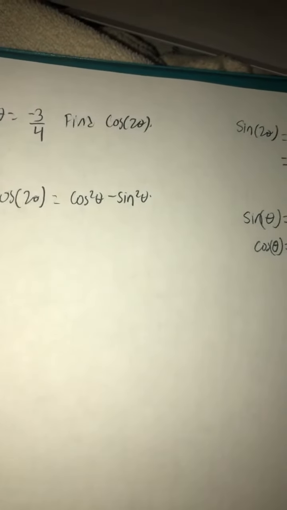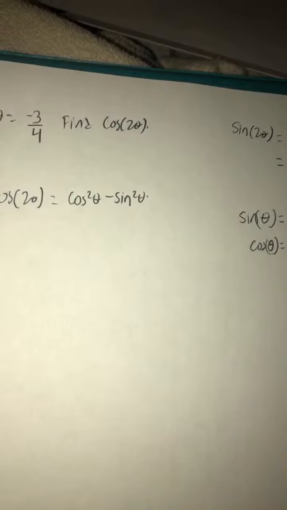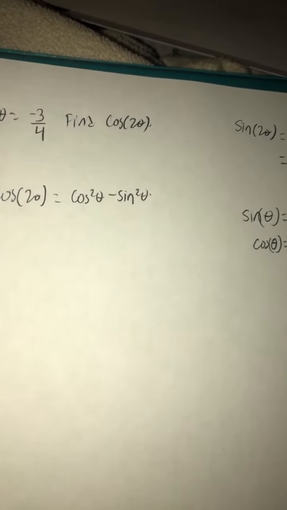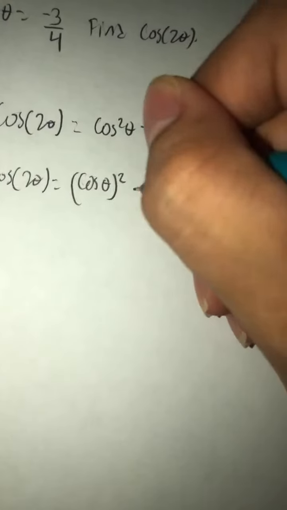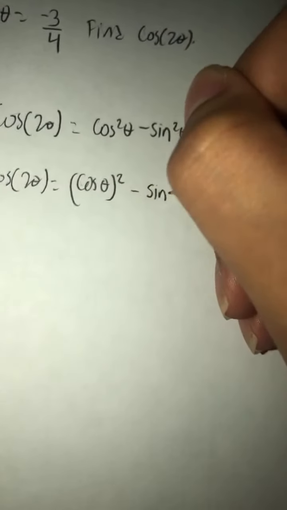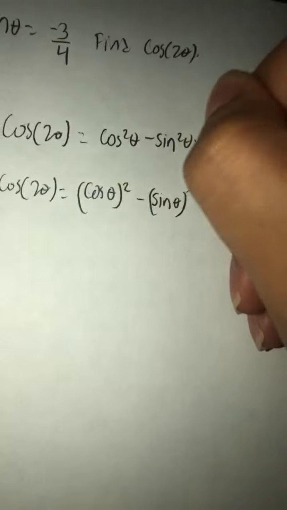The main idea here is we want to say cosine of 2 theta equals, so cosine of theta is 4/5, right? Cosine squared theta is cosine of theta quantity squared. And then sine squared theta is just minus sine theta quantity squared.